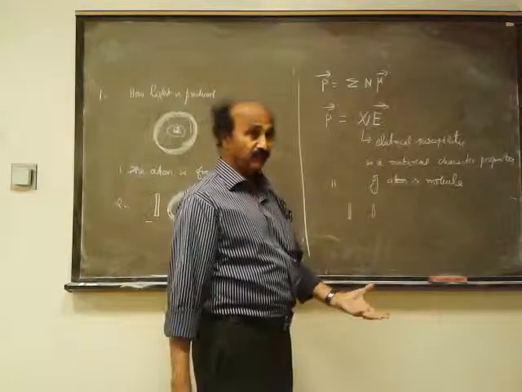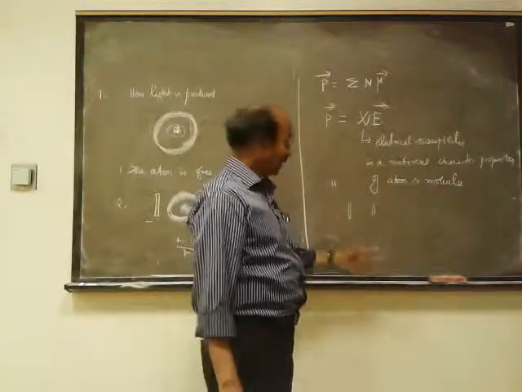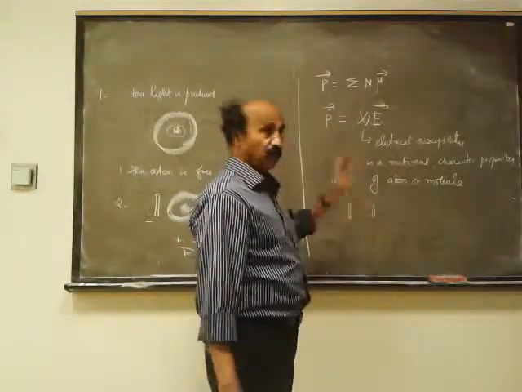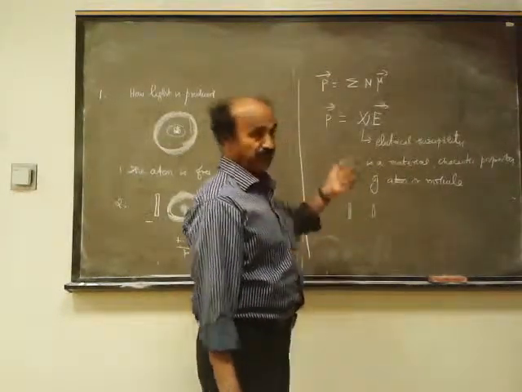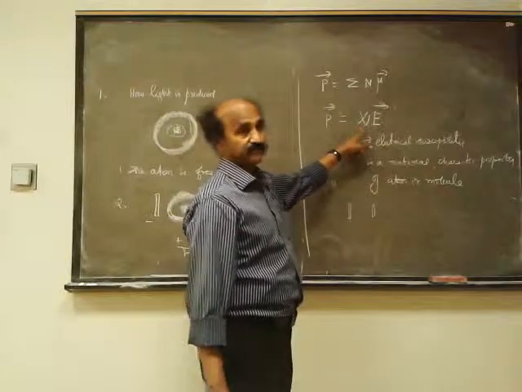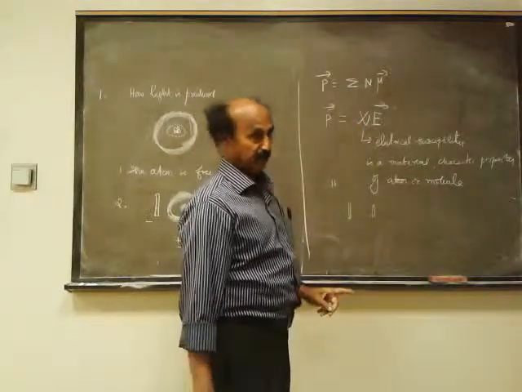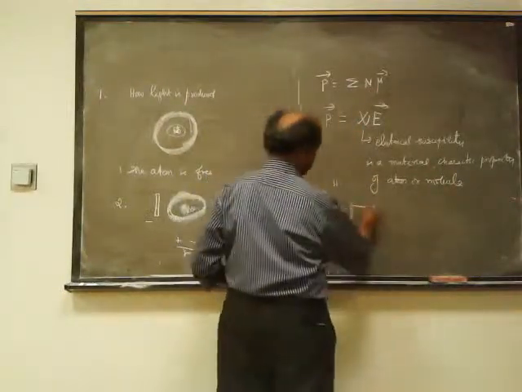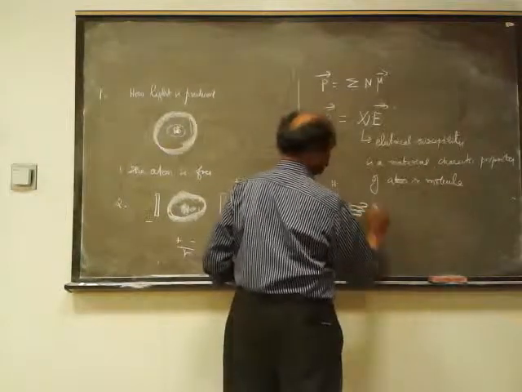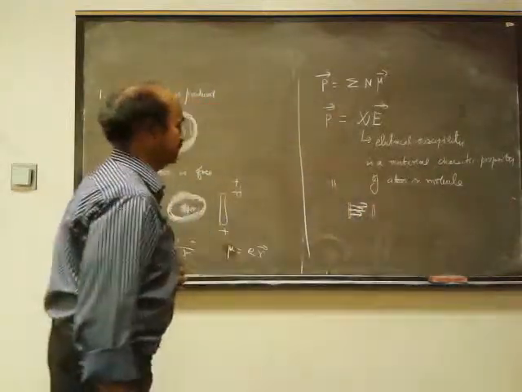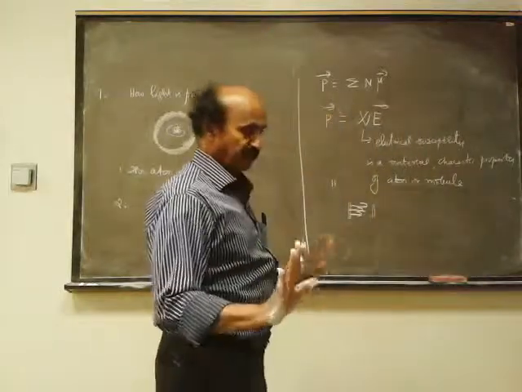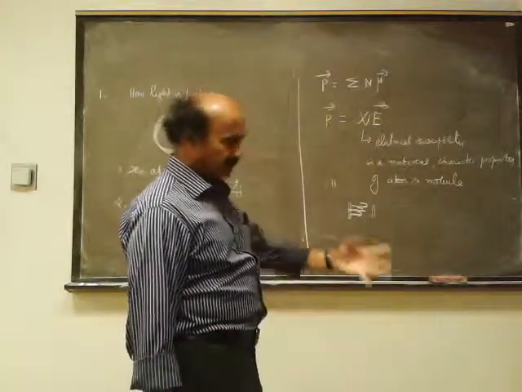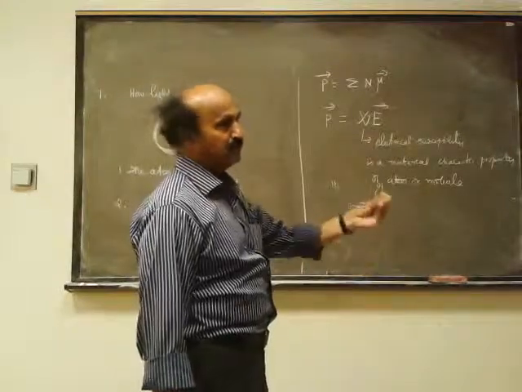In benzene vapor, you have a big molecule. That also will have the same. But the only difference between hydrogen atom and benzene molecule is this: this is a material property. And this E is the electric field I apply. Next step. And is this constant for any material? For a material, it is constant. It's a function of temperature, pressure, anything, but it's a material property.